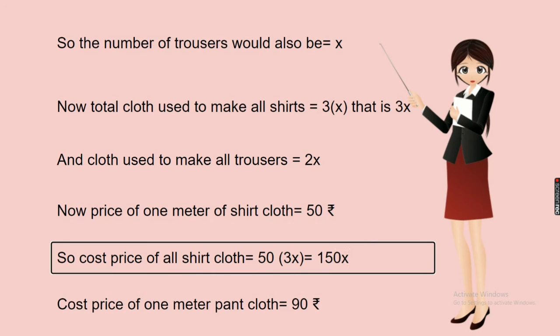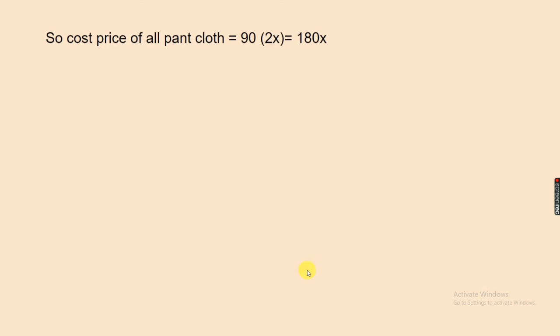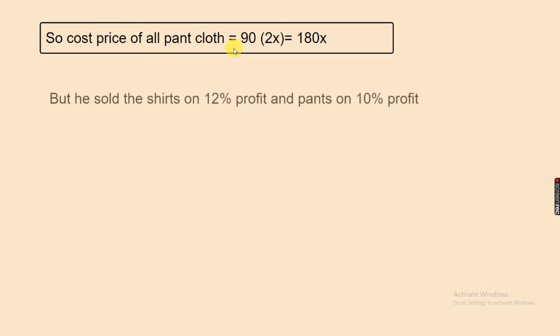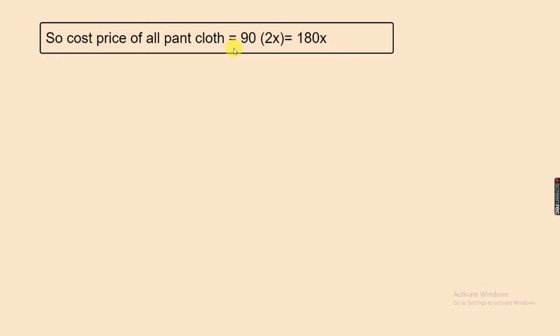Now, the cost price of 1 meter of pant cloth is equal to 90 rupees. But we need 2X meters of cloth. So, the cost price of all pant cloth is equal to 90 multiplied by 2X. 90 is the cost price of 1 meter, but we need 2X meters of cloth to make all the trousers.